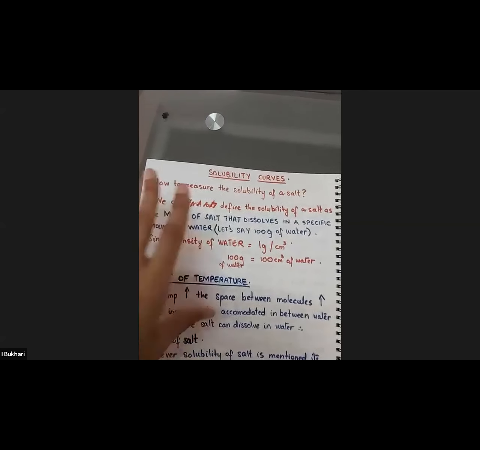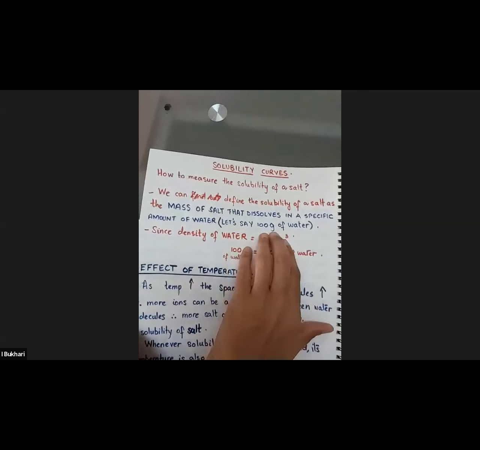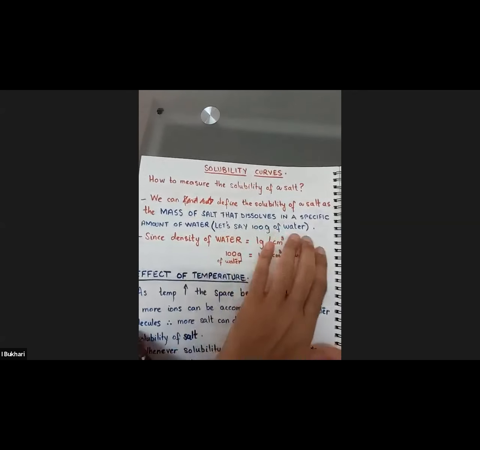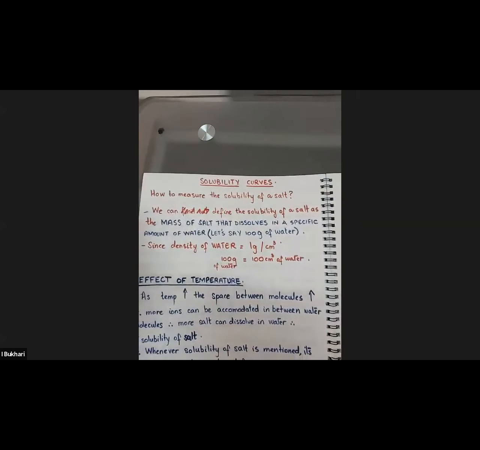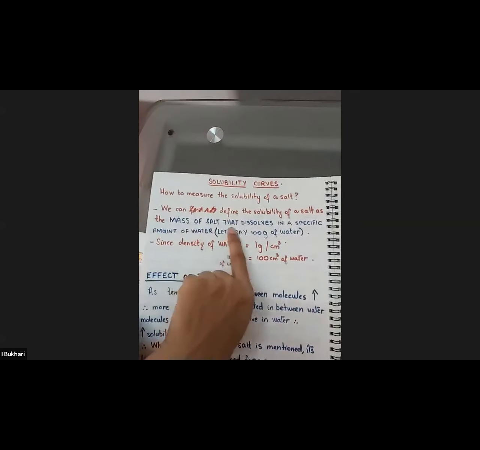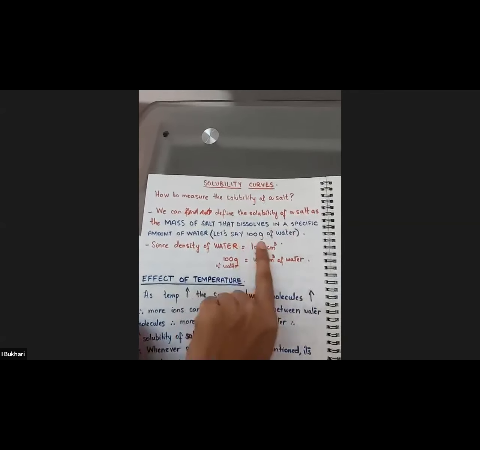Now, what is that specific amount of water? All the scientists agreed to take 100 grams of water as the standard. So solubility's definition is the mass of salt that can dissolve in 100 grams of water.